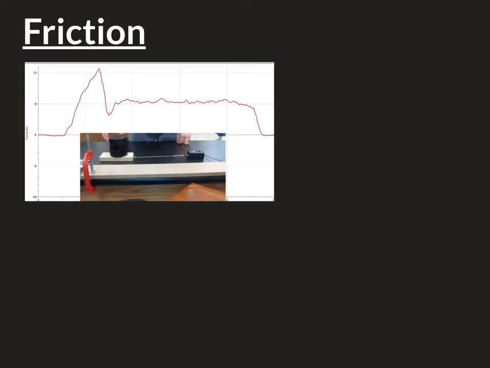Remind ourselves that we had an average kinetic friction of somewhere around 5.5 newtons. And so let's draw a free body diagram for what's happening when the block is actually sliding. So I've got the force of gravity down, the normal force up, the tension pulling to the right, and the force of friction pulling to the left.